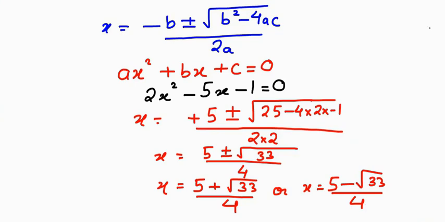Now the third thing we are going to discuss in this video is discriminant, and we are going to discuss the nature of roots also. The three things we are focusing on in this video are the nature of roots and how to solve a quadratic equation by the factorization method and by the quadratic formula.